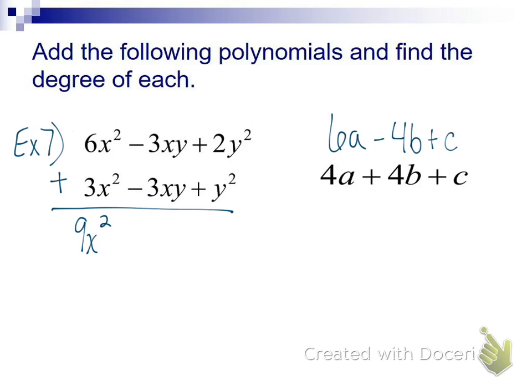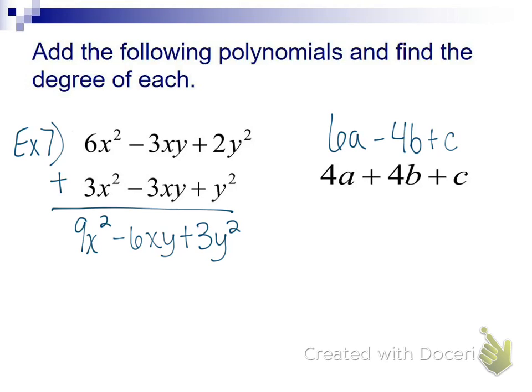Remember not to change your exponents. If you combine negative 3xy with another negative 3xy, what's negative 3 plus negative 3? Negative 6xy. If we combine positive 2y squared with positive y squared, we would get positive 3y squared.